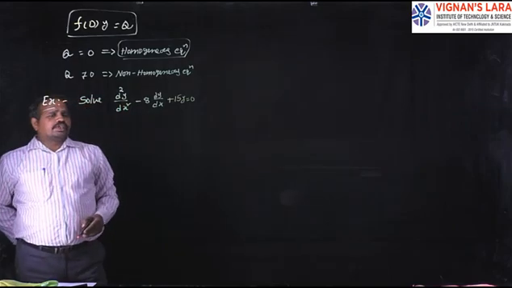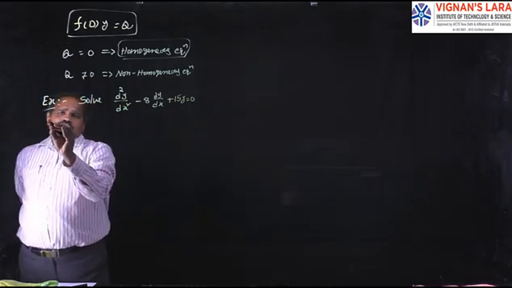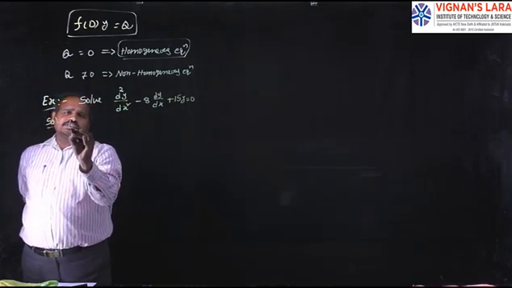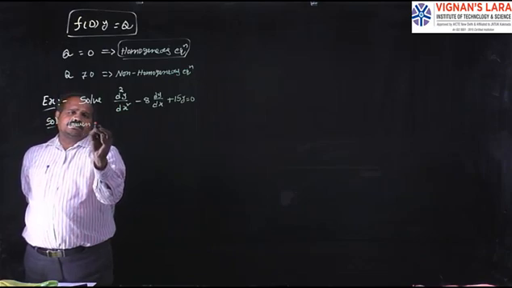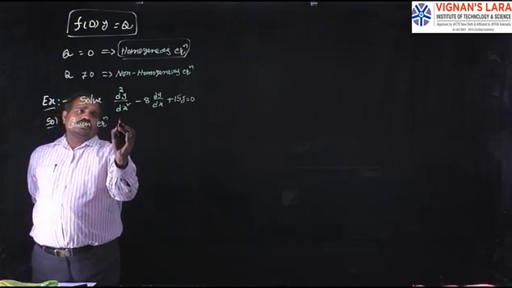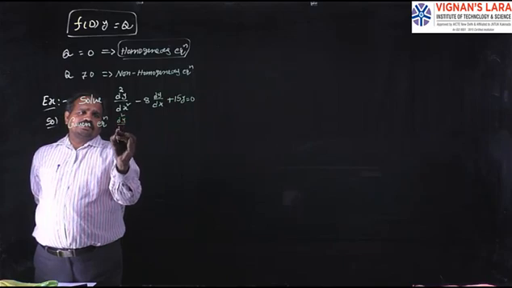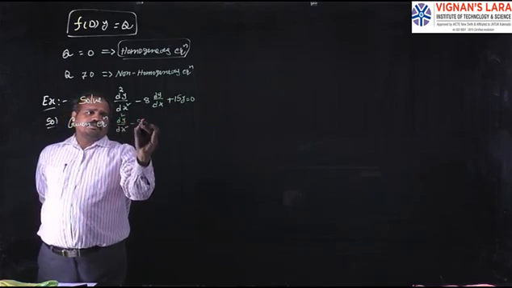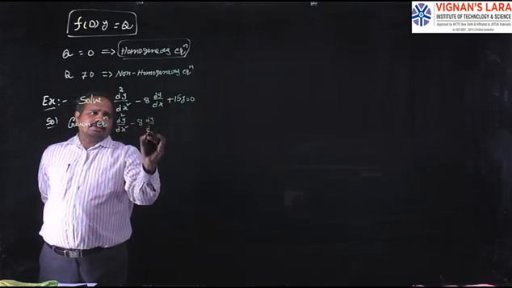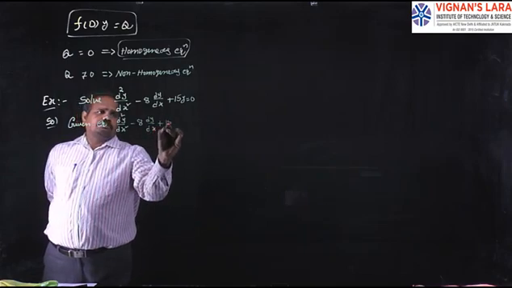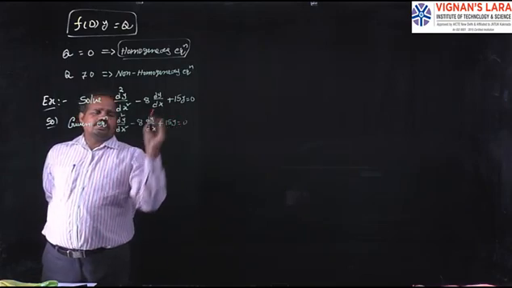This equation we are solving. So first write the given equation: d square y by dx square minus 8 dy by dx plus 15y is equal to 0.